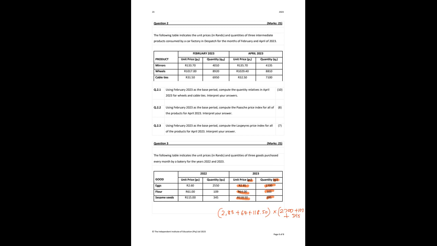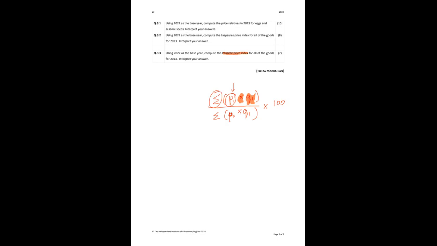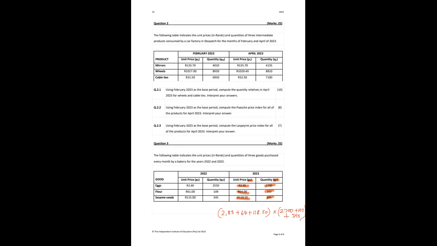Please note it is not this. You are doing P1 times Q1 for each individual item, and then you are summing it up. Please make note of that. For every item in the basket, each one will have P1 times Q1 done for itself.